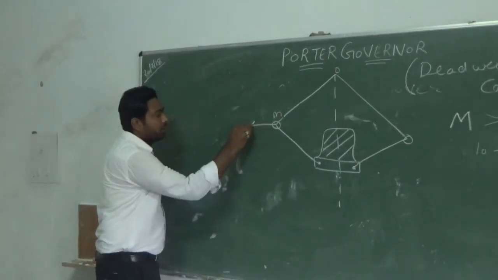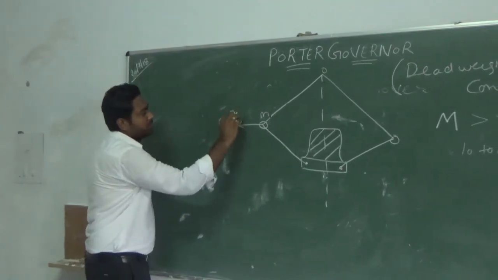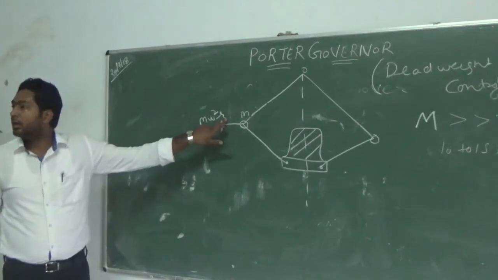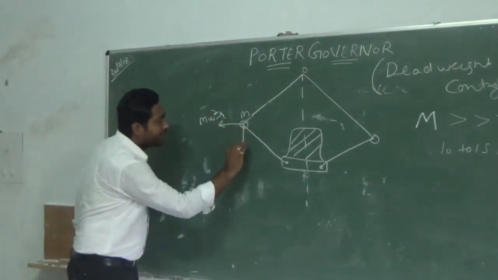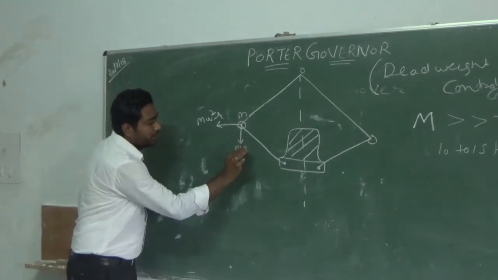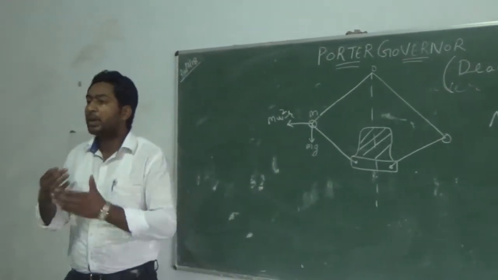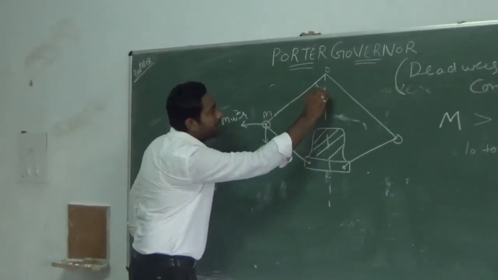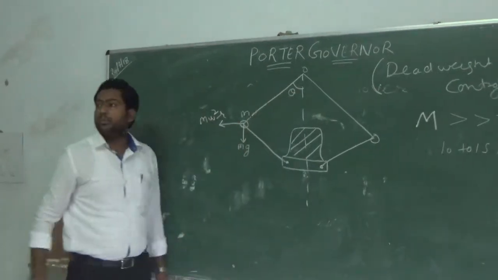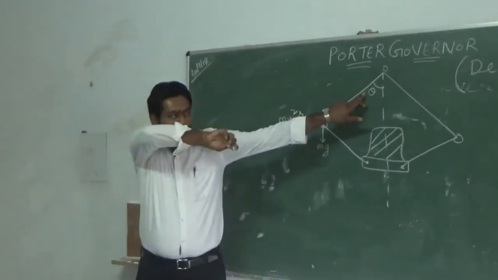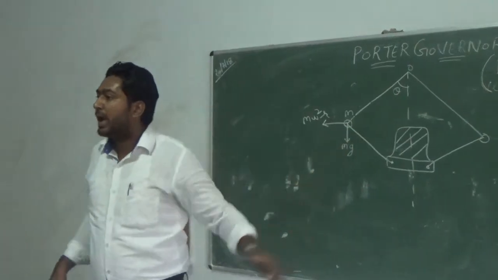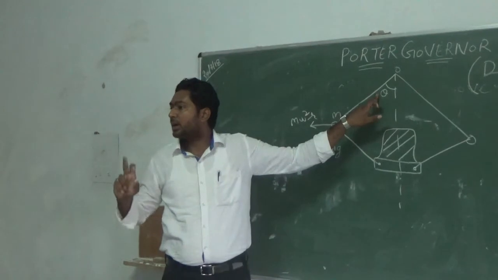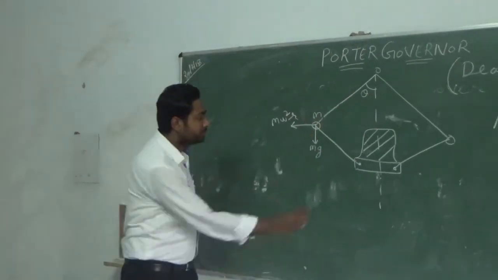In fly ball, there is a centrifugal force which is m omega square r, and the weight of fly ball is mg. This angle theta. What is theta? Angle of inclination of arm.